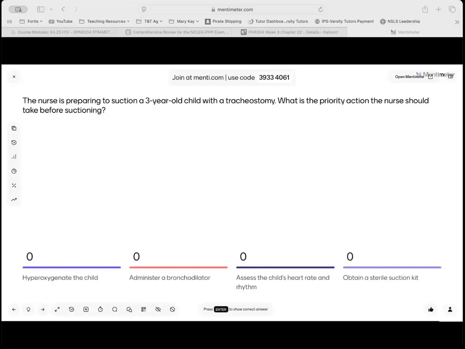Here we are getting ready to suction a 3-year-old that has a tracheostomy. What is our priority action before we suction?